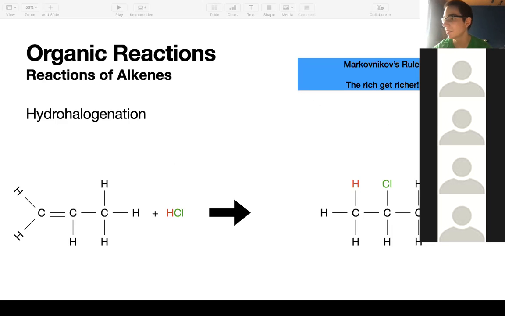Now let's say we have something like this. What happens now? They're both equally rich, or I guess equally poor in this case. So it's kind of a coin toss.